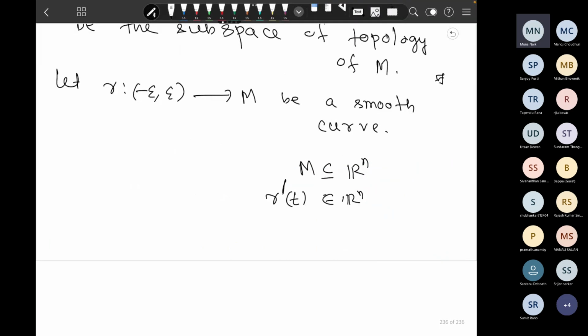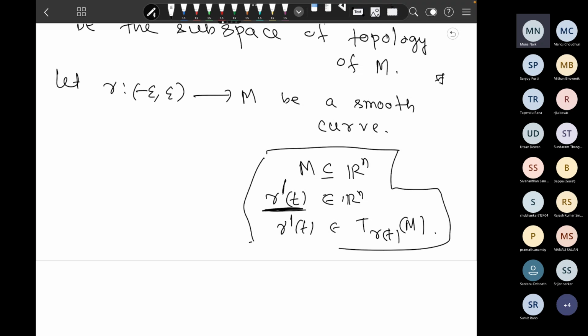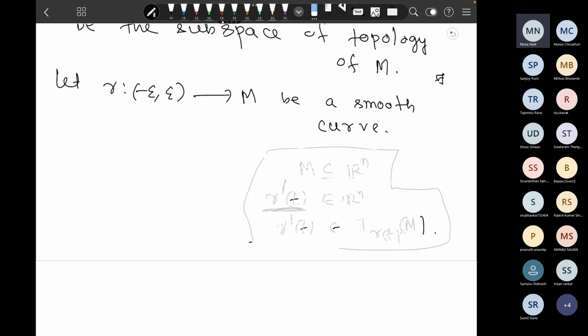So this was the tangent vector of gamma(t), at the point where gamma'(t) belongs to T_gamma(t) M. This was my thing when I started. But I am ignoring the fact that M is a subset of R^n, so I want to really define gamma'(t) in a different way. Okay, so let us define that.